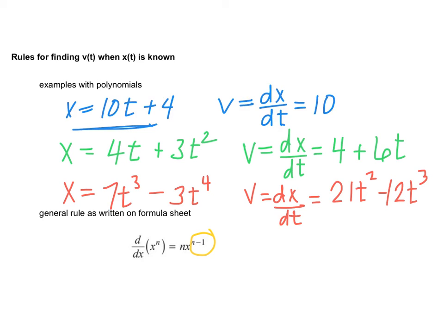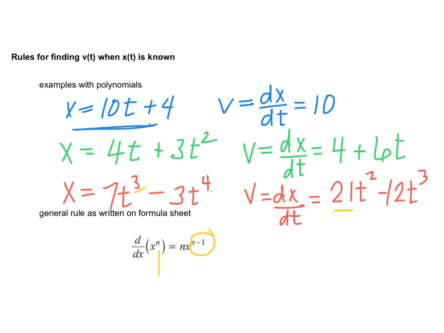But then I also use that original exponent one more time: I multiplied it by whatever my original coefficient was. This was a 3, so I took 3 times the 7. That's where I got the 21. I took the 4 times the negative 3. That's where I got the negative 12.